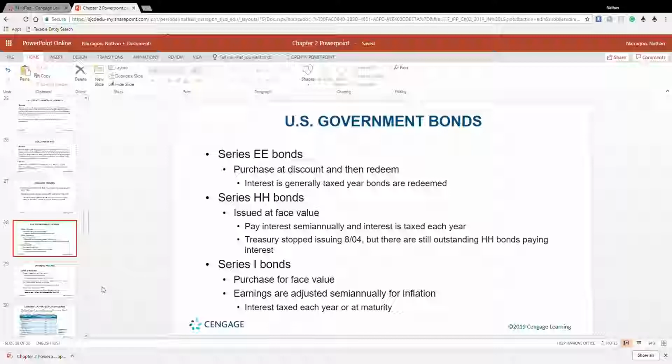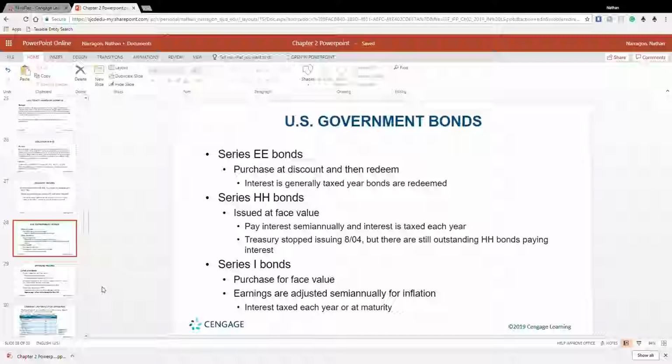Now, Series I bonds. These are purchased for face value, and the earnings are adjusted semi-annually for inflation. So again, these kind of shift in what they are. So interest is usually taxed each year or at maturity.